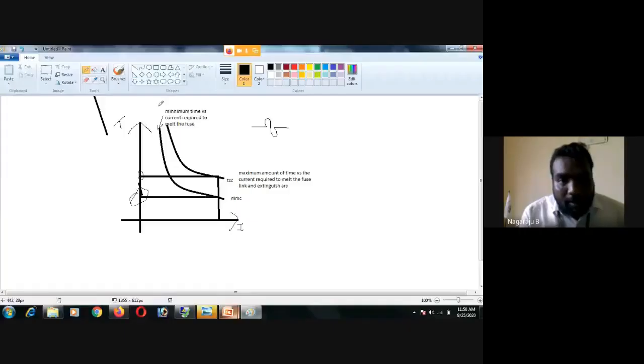This time current characteristics has two parts. One is the minimum melting curve, another is the total clearing curve. The minimum melting curve of a fuse is a plot of minimum time versus the current required to melt the fuse link. There are two operations: melting of the fuse conductor, as well as clearing of that fault.